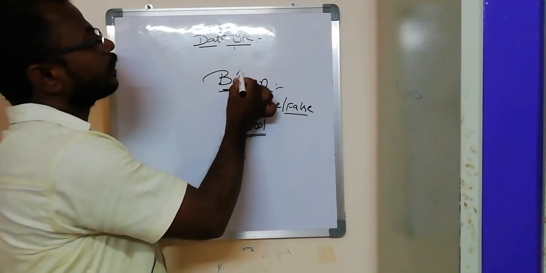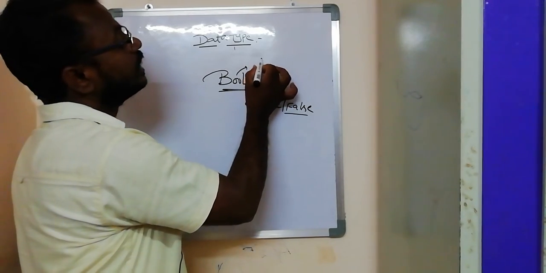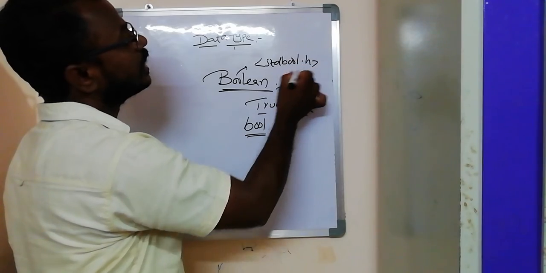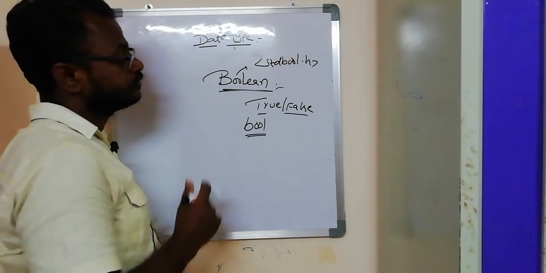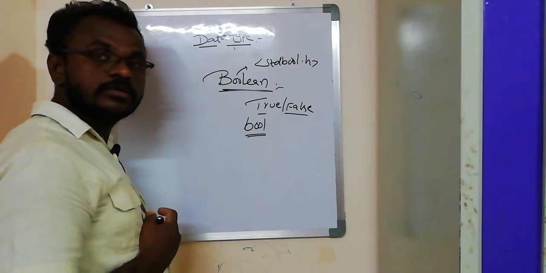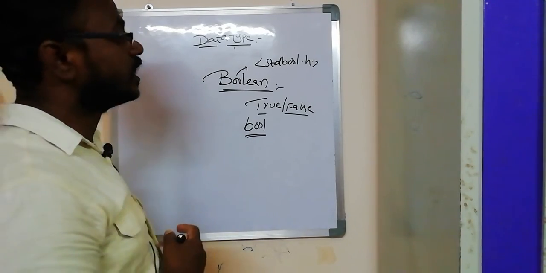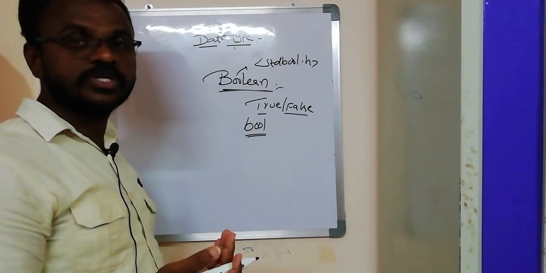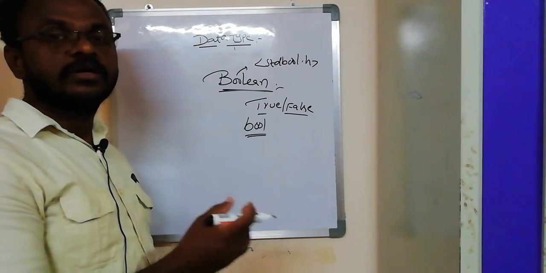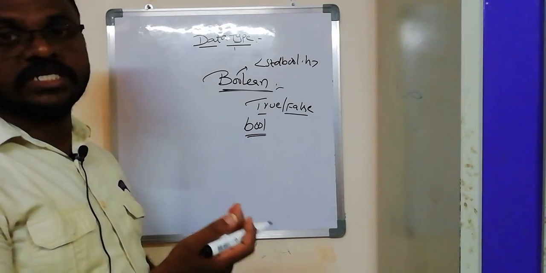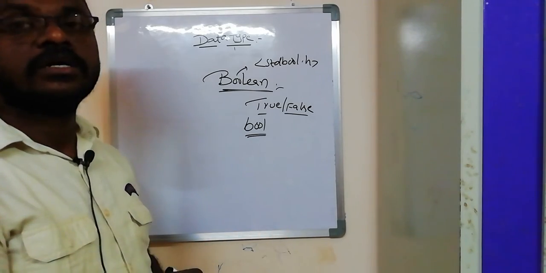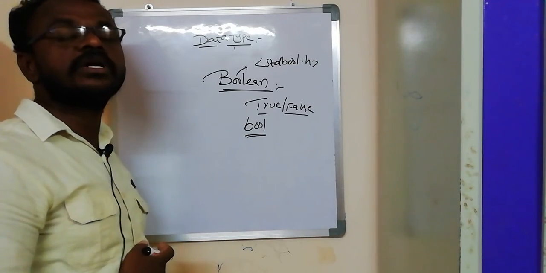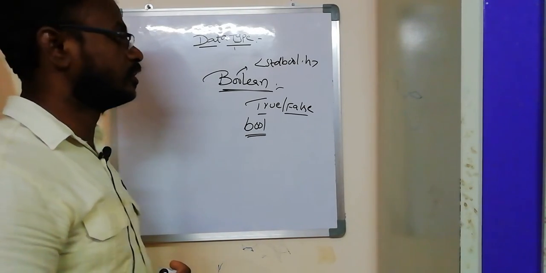This data type requires the header file stdbool.h, the standard bool header file. In C language, this data type does not have a specific format specifier like %s or %d.